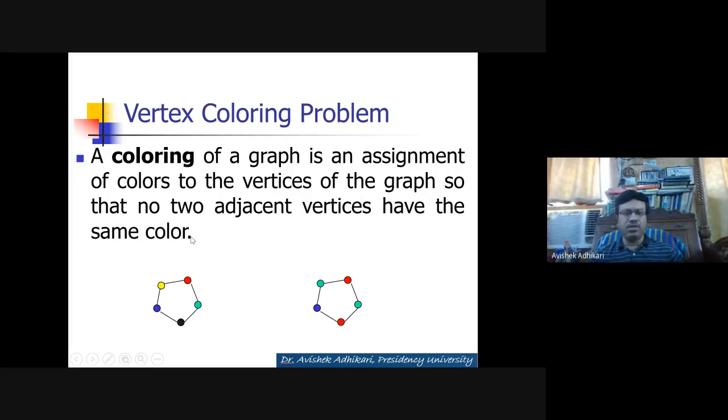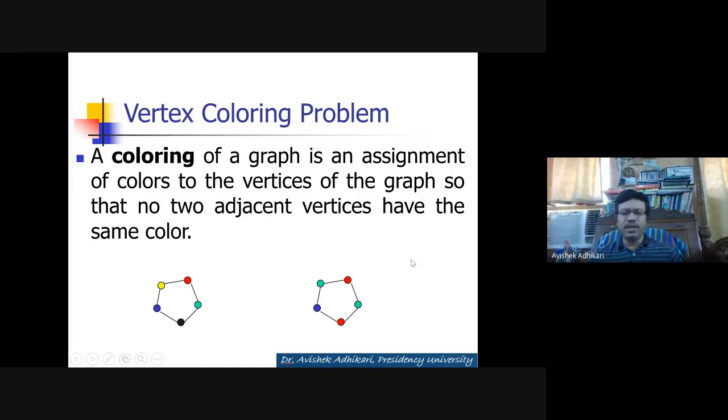The definition of coloring: a coloring of a graph is an assignment of colors to the vertices of the graph so that no two adjacent vertices have the same color. See here, all the vertices have different colors, so no two adjacent vertices have the same color.